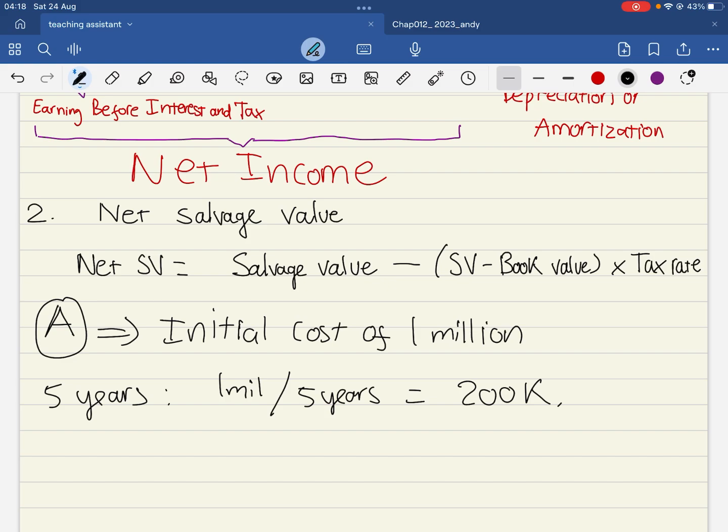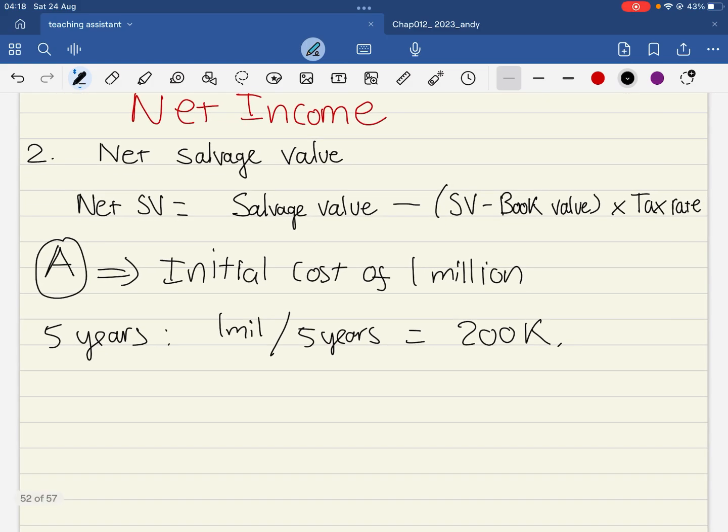So every year, this asset A will depreciate by $200,000 until the last year, which is year number 5, and it will become zero. Because as I have just explained, an asset will be depreciated in value through the years.